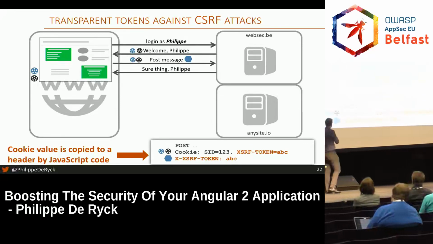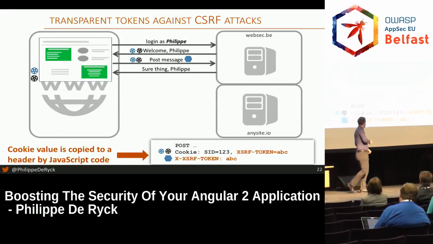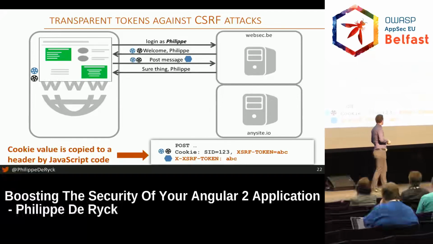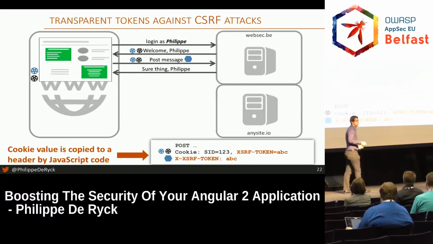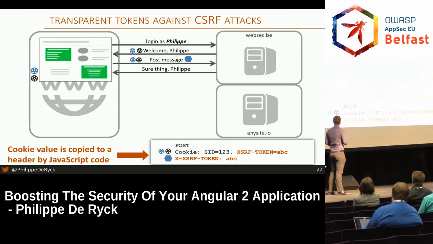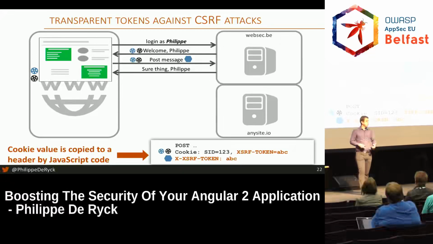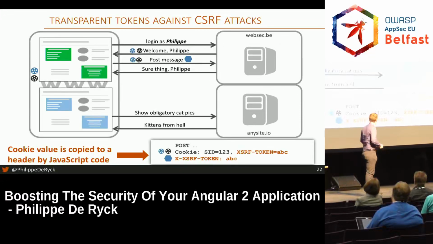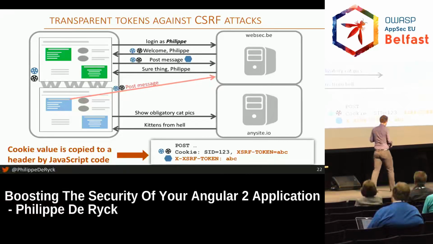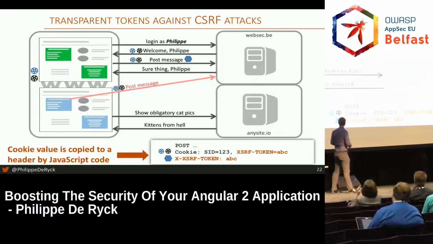You have the two cookies. One is a session identifier, the other one is a CSRF token. And the browser application, the client-side application, Angular in our case, is going to copy this cookie value to this header, custom header. Note that another context will not be able to do this. So if we have our cat picture context, it can make the request, the cookies will be there, but according to all the rules of the web and within the browser, this context will never be able to read cookies from the other context.